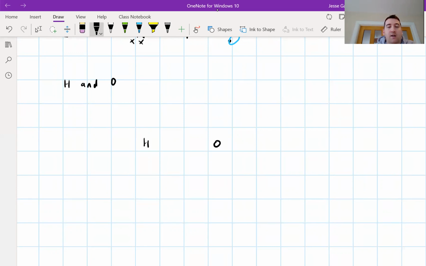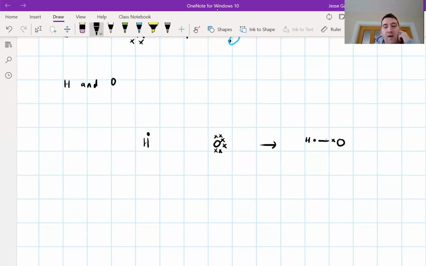Okay, so you're going to have a hydrogen and an oxygen like this. Hydrogen has only 1 valence electron. So what you'll probably be tempted to do is go, okay, here we have our oxygen, and here it's going to share a pair of electrons, and then the hydrogen's good now. The hydrogen has a shared pair, which is 2, and that fills up the valence shell of the hydrogen.